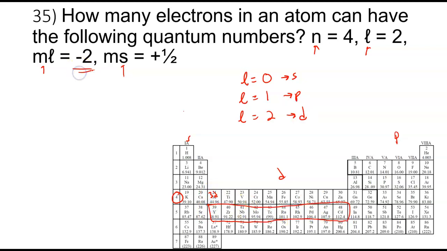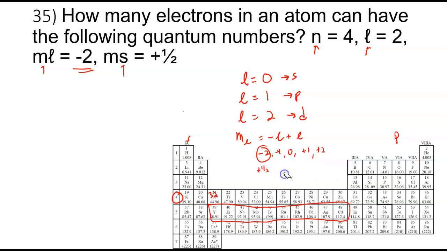And m sub L equals 2, so remember m sub L is going to be negative L to plus L, right? So that's negative 2, negative 1, 0, positive 1, positive 2. So we're saying it's in this one. All right, so we're in m sub L, negative 2, and we have plus S. So we're at plus 1/2.